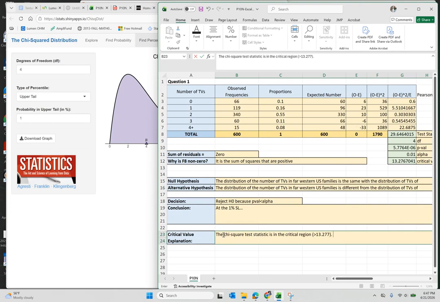And therefore, we reject the null hypothesis. And you can rewrite your conclusion if you want, or you can summarize it. But the critical value explanation is that my test statistic was in the critical region, which is greater than 13.277.